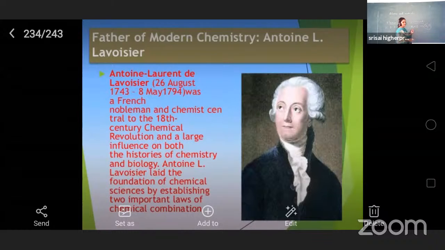These are elements, and the combination of these two elements we call a compound. H2O is water. Another example: sodium is one element, chlorine is one element, and they give rise to sodium chloride.